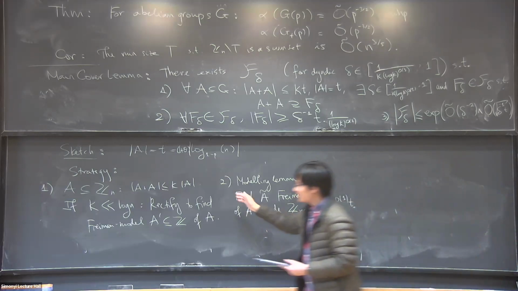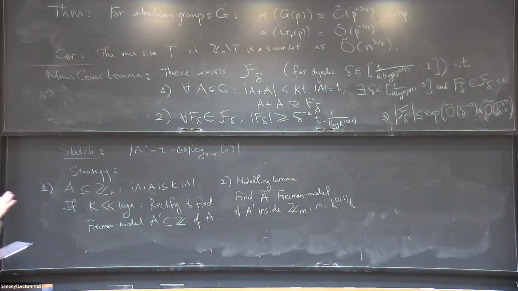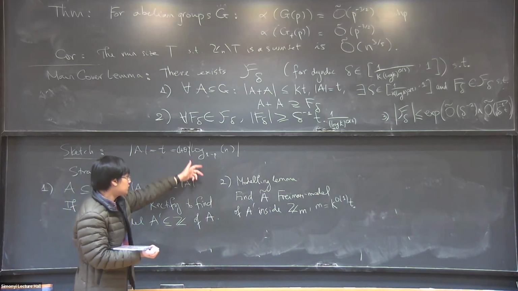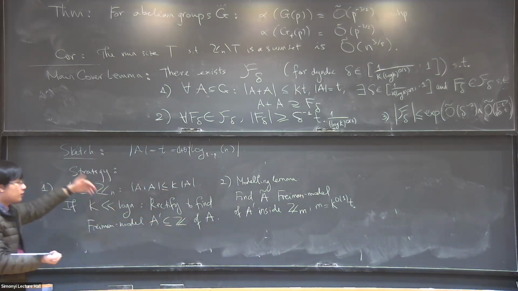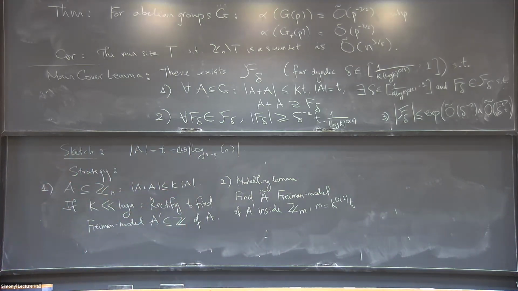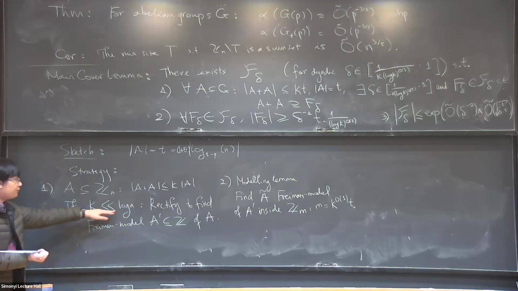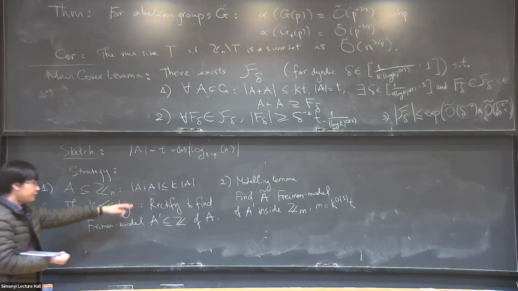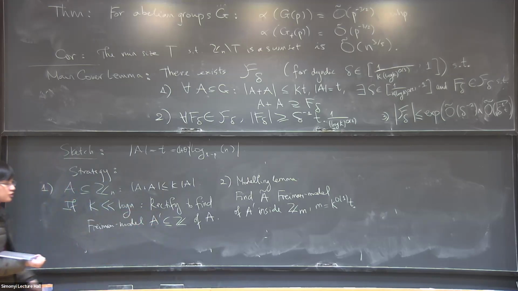Okay, so why did I split this into two steps? The main point, which maybe I will not get to now anyway, is that once the parameter p is going to 0 as fast as something like log n to the minus 2, this t can grow as fast as log n cubed. And the doubling K in principle can be anything as big as log n cubed. So when K is significantly bigger than log n, it will not be possible for us to find this rectification A prime of A inside the torsion-free setting.